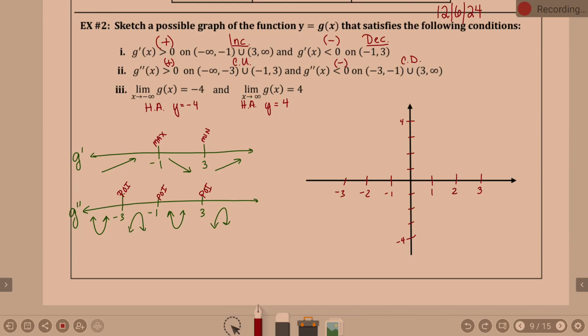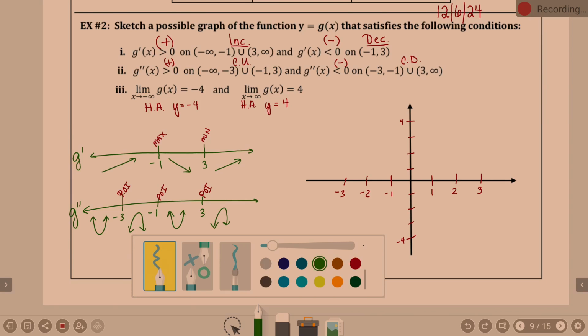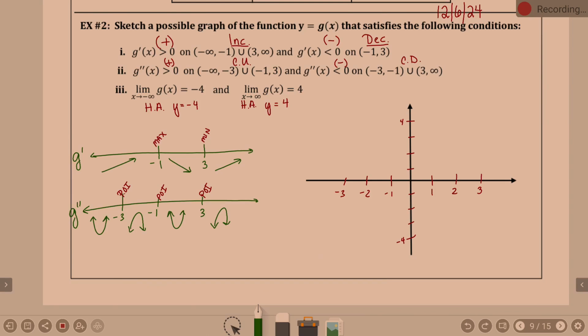Are we struggling to figure out how this is even going to work? Okay, it starts like this at the -4. And one other thing I can draw on here: it was horizontal asymptotes, yes? So as x approaches negative infinity, it's -4.